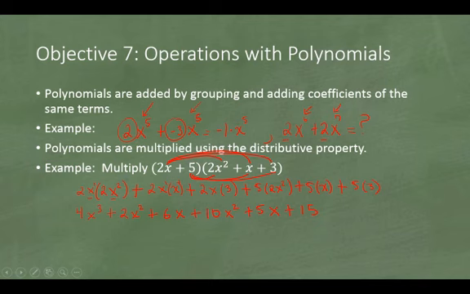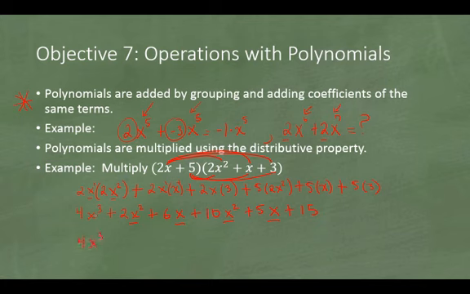Now we're going to combine the like terms. In other words, we're going to look to see what variables have the same exponent, like x squared, and the x is here, and we're going to combine the coefficients. There's only one x cubed, so we're going to write 4x cubed down.